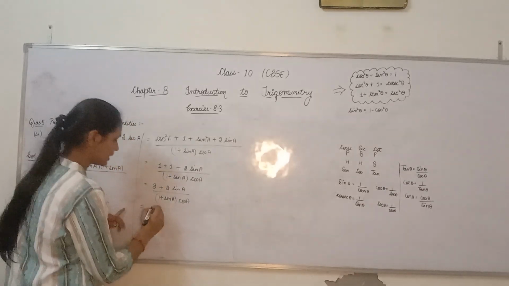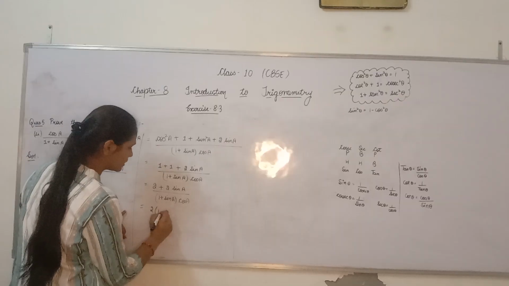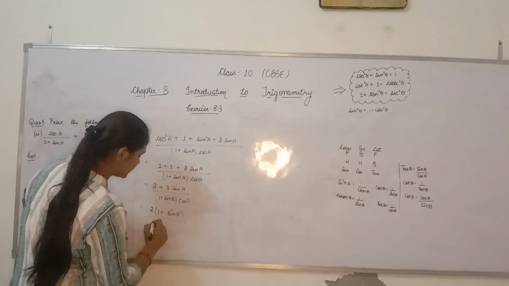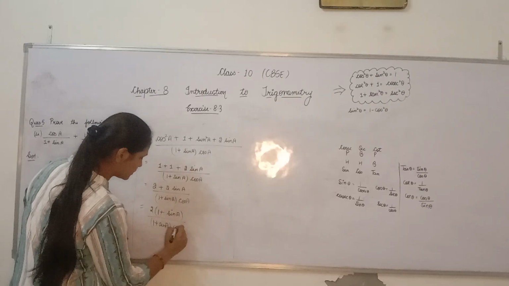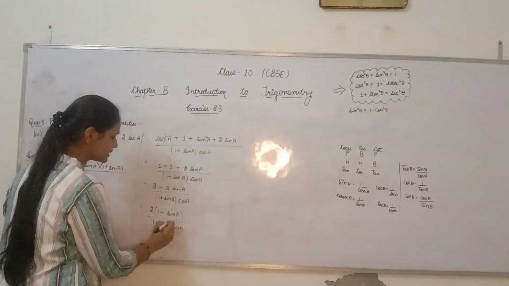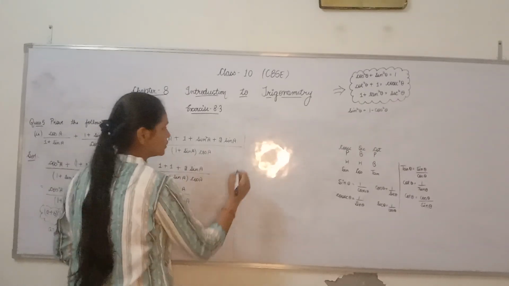In the bracket it is left 1 plus sin A divided by 1 plus sin A multiplied by cos A. This 1 plus sin A is cancelled out with the 1 plus sin A, and the ratio becomes 2 upon cos A.